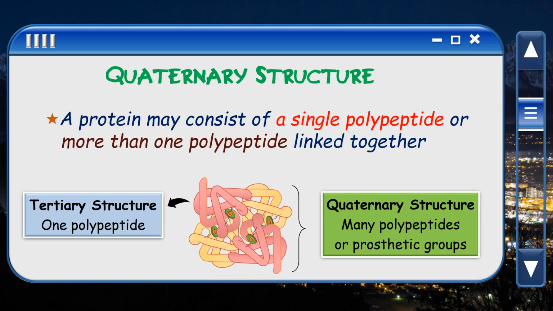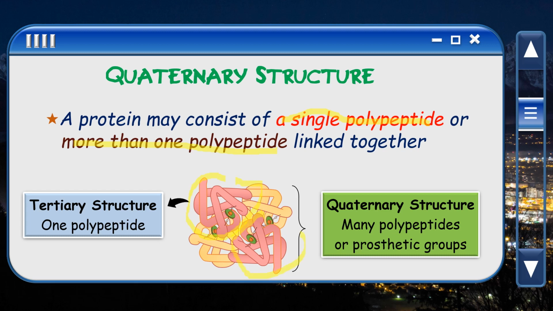The protein may consist of a single polypeptide or more than one polypeptide linked together. For example, here we have 2 types of polypeptides. There is this one here, and this one is the same as this one here.